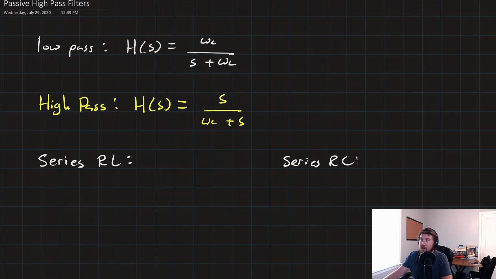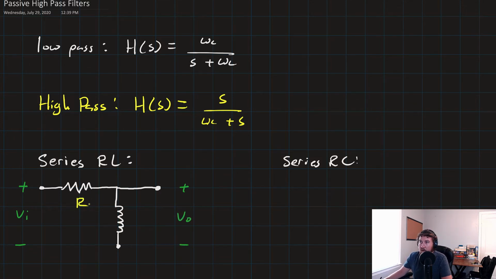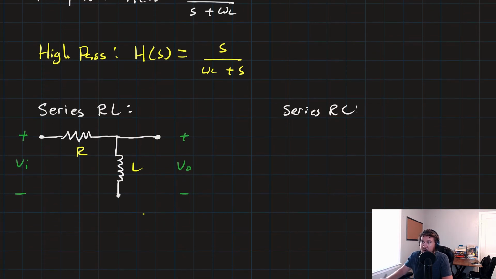The series RL will be the resistor and then the inductor, and we will take our V out off of the inductor. So we have plus minus V in, plus minus V out, and we have R and L. One thing that's cool though is that the cutoff frequency equations don't change. The cutoff frequency for the series RL high-pass filter is still just R over L.